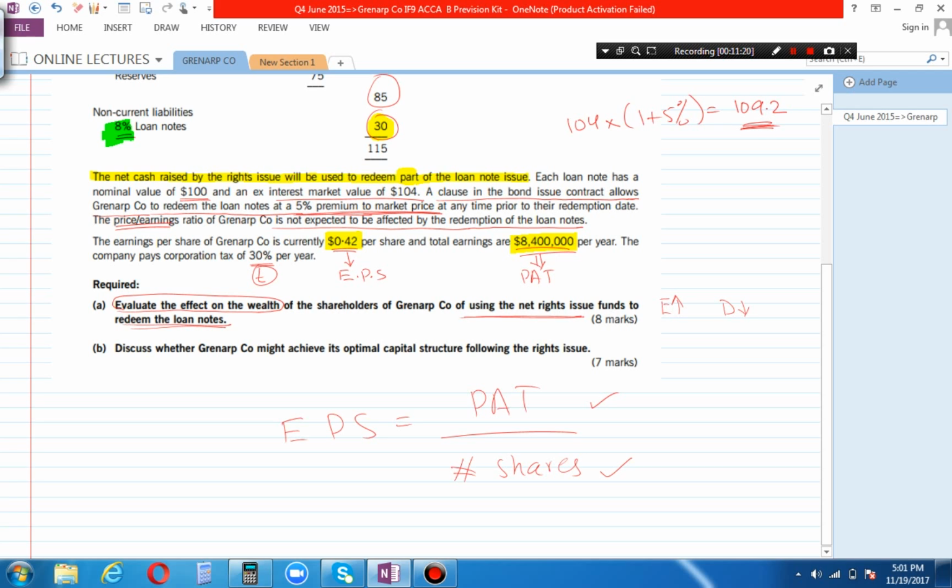But you have to keep in mind that when you raise some cash from a rights issue and then use the same cash to redeem some of the loan note, it means you don't have any extra cash left. If you don't have any extra cash left, then the PBIT will not change because of the finance.